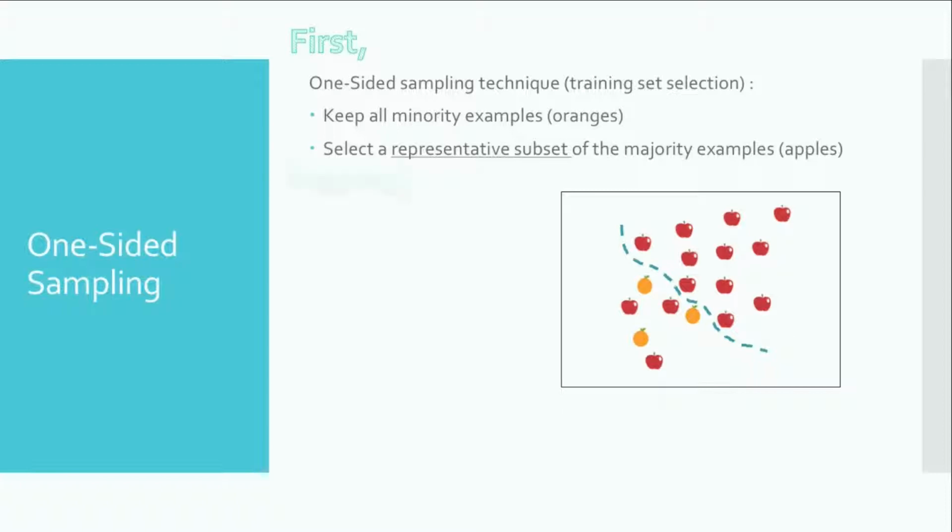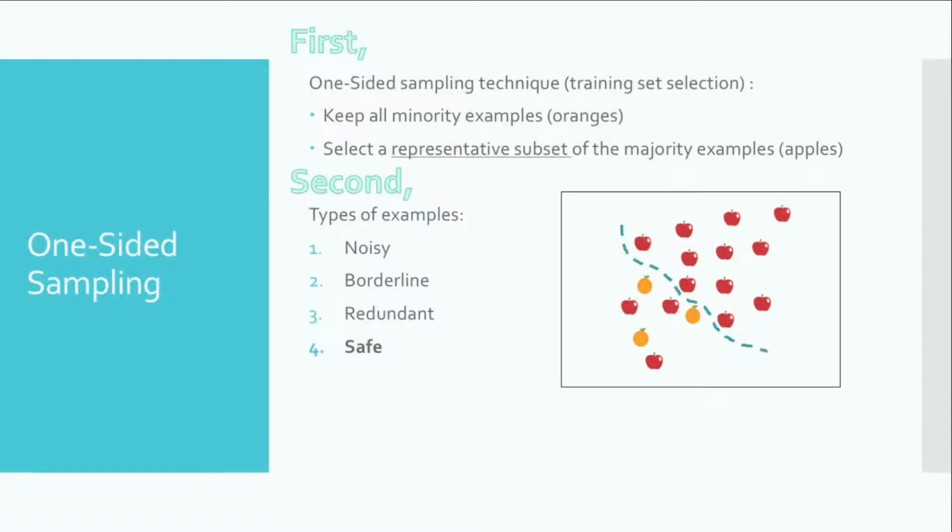Second, there are 4 types of examples in a set. Those that are considered noise, like the apple in the bottom left corner, borderline examples that are close to the decision surface, those that are redundant, meaning they could be represented by other instances, and finally, safe examples, those that matter the most.